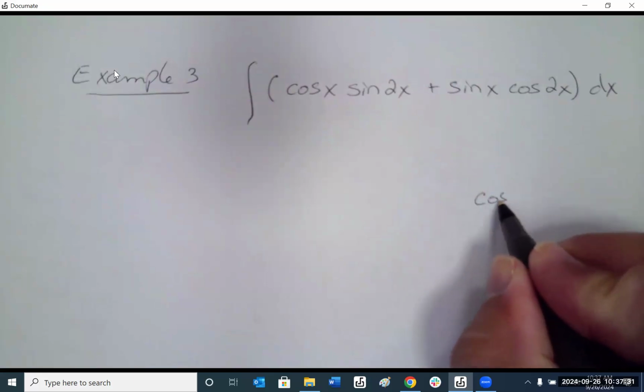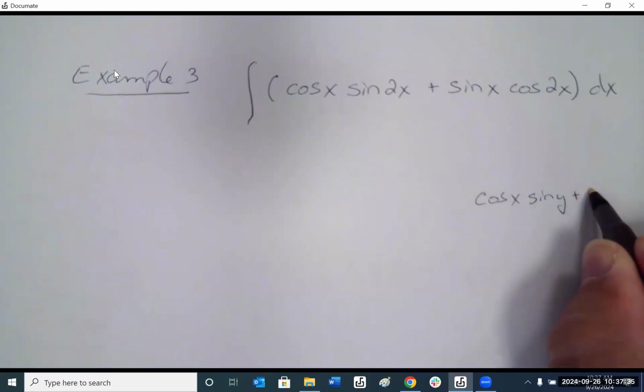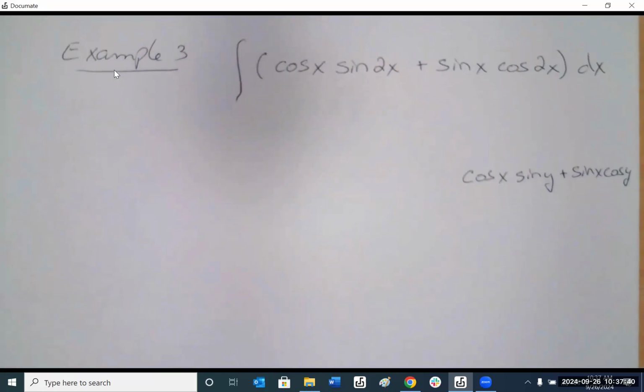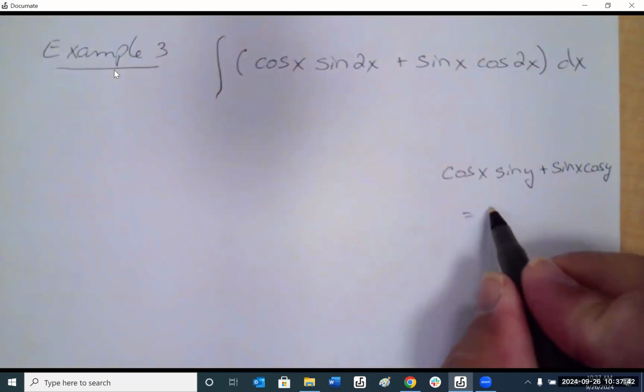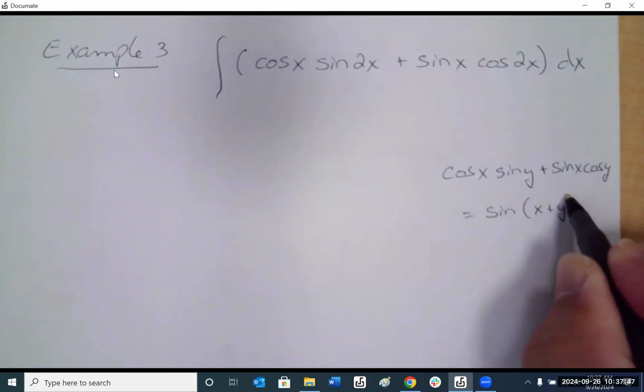You have cosine x sine y plus sine x cosine y. What that becomes is sine of x plus y.